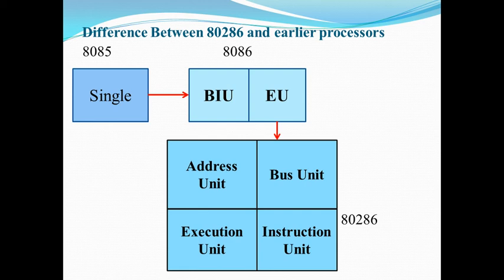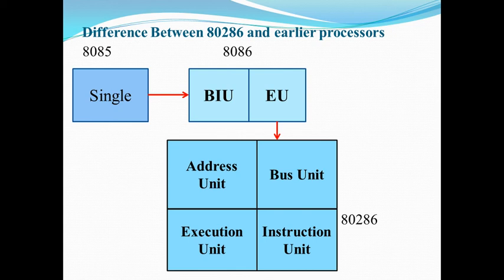The complete architecture of 80286 is divided into four units: bus unit, instruction unit, execution unit and address unit. Because of this, the speed of instruction execution of 80286 was much more compared to the 8086. So this was the main difference between the previous architectures and the 80286 architecture.